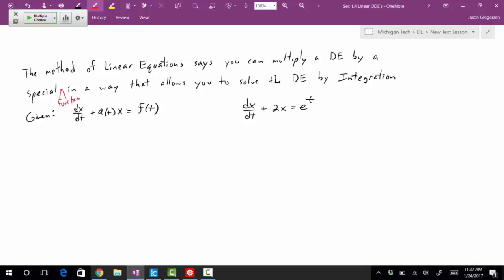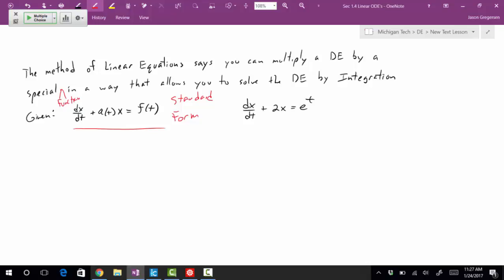So the whole idea is we have our differential equation and we rewrite it into what I'm going to call standard form. That is what I am calling standard form. It's actually a little bit different than the textbook, which has minus a of t times x. I'd rather use positive. It makes my integrating factor have a little positive in there as well. That's what I'm calling standard form. Okay.